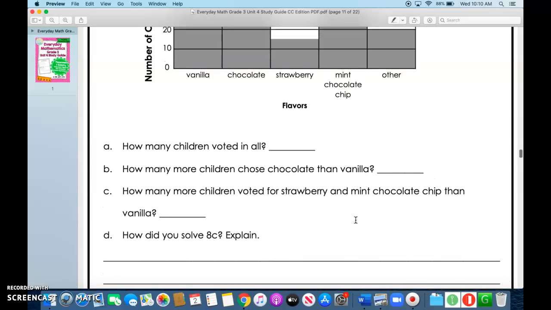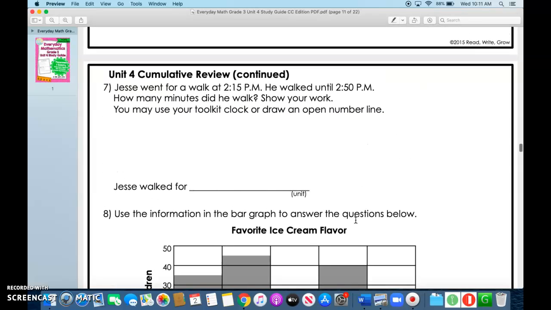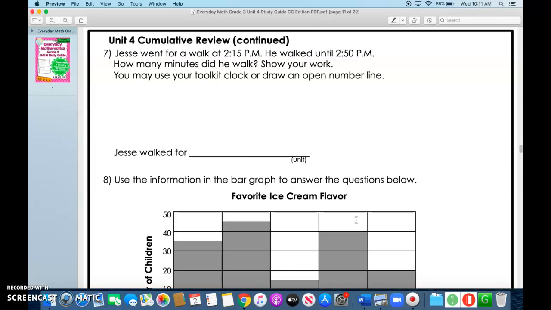So that is the cumulative review. Again, you can write directly on the slides and put your answer there. Type them out or try your best to get your answer, or you can take a picture and try to do it that way.